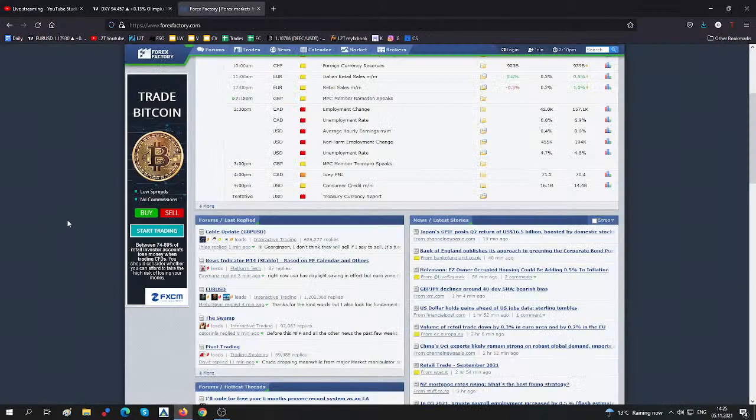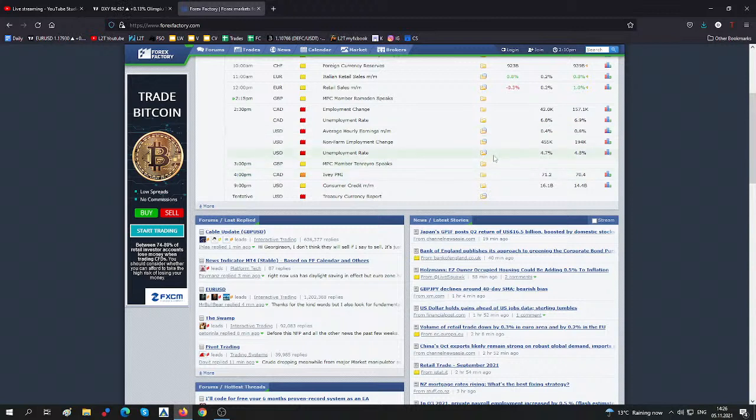So let's take a look at the economic calendar. As you already know, the US is to release its non-farm employment change, the non-farm payrolls, later. Also the unemployment rate is expected to drop from 4.8% to 4.7%. Also, the average hourly earnings indicator is expected to increase by 0.4% versus 0.6% in September.